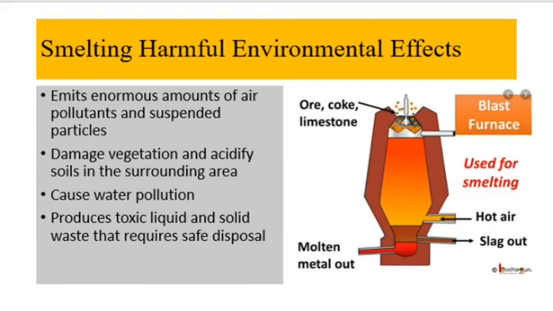Smelting is harmful to the environment. It emits a lot of air pollutants and suspended particles, damages vegetation and acidifies soil in the surrounding area, causes water pollution, and produces toxic liquid and solid waste that require safe disposal.